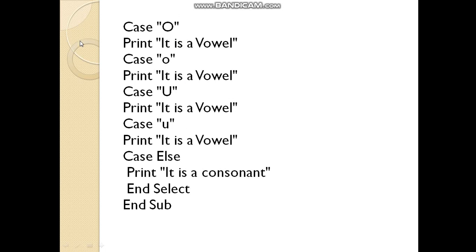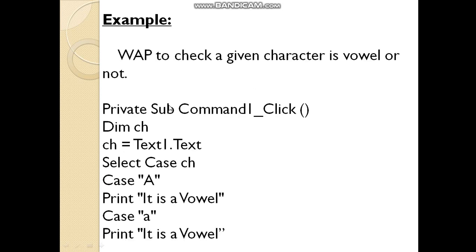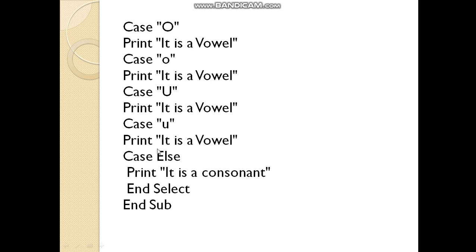If it doesn't match any of the above cases, for example if we give a value like x, x is not a vowel. It doesn't match any of the cases, A, I, O, U. In that situation, the case else block is executed.